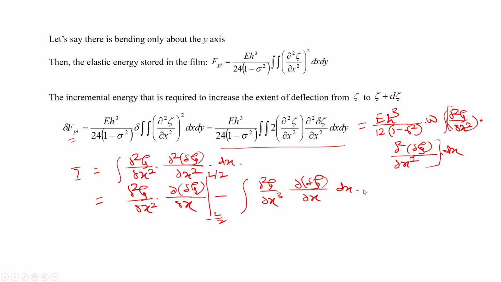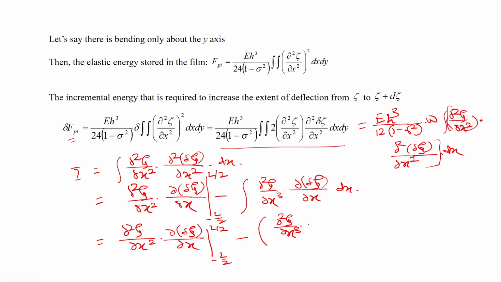I am just integrating it by parts, so this can further be written as del square zeta by del x square into del of delta zeta by del x, evaluated from minus L by 2 to plus L by 2, and minus here again del cube zeta by del x cube into delta zeta.